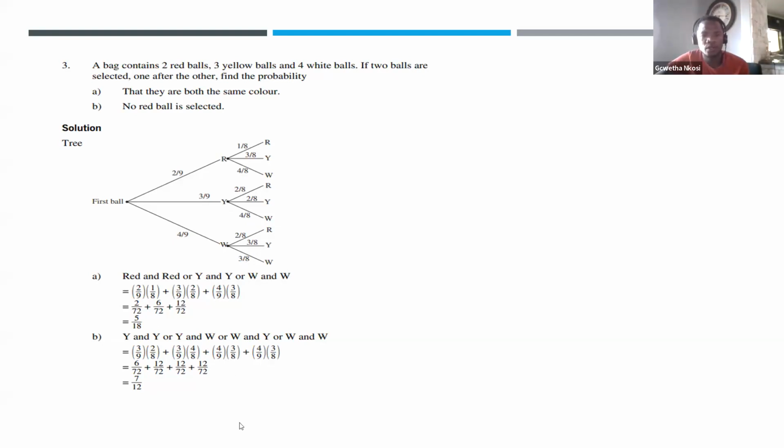So you add all of this after multiplication. You've got 6 over 72, 12 over 72, 12 over 72, 12 over 72. You add all of that and you simplify it. Therefore, you get 7 over 12. That is to answer your second question of a tree diagram.